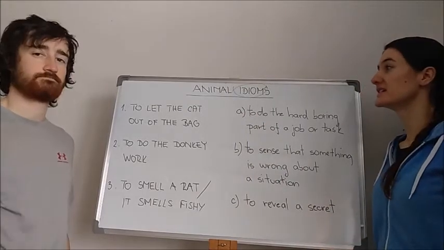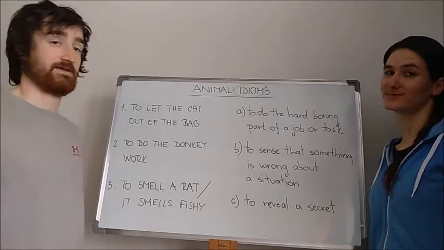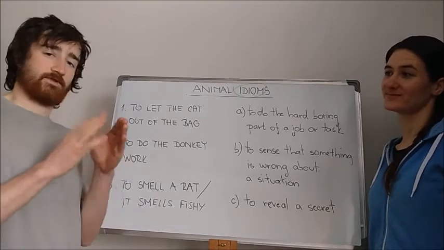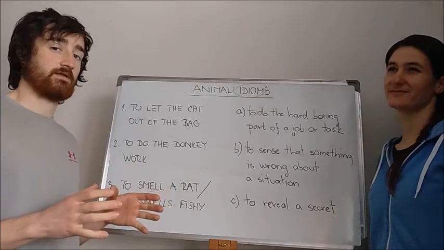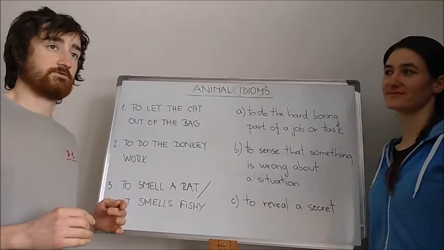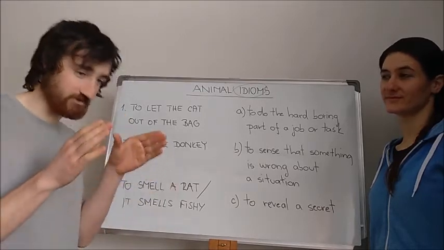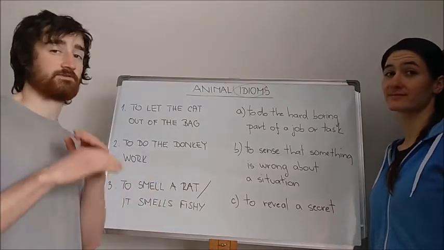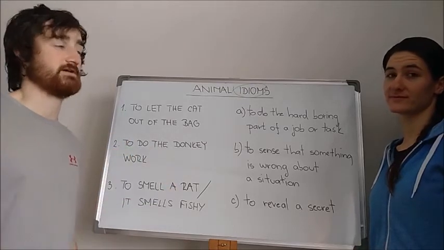So Paddy, what is an idiom? So an idiom is basically a phrase that you say that means something that is usually completely different to what the literal translation actually is.